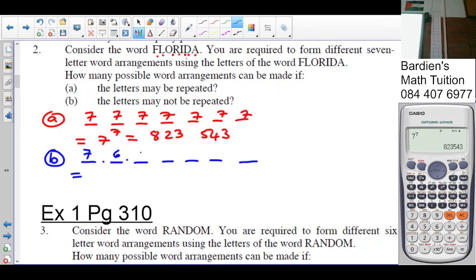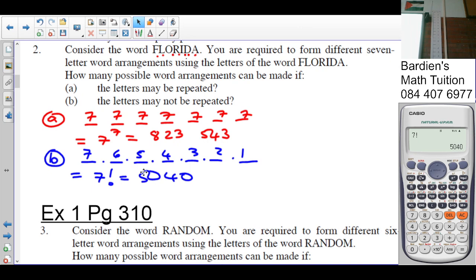Then 6, 5, 4, 3, 2, 1. It gives us 7 factorial. Last lesson we discussed the factorial already. So it's 5040. Let's carry on.